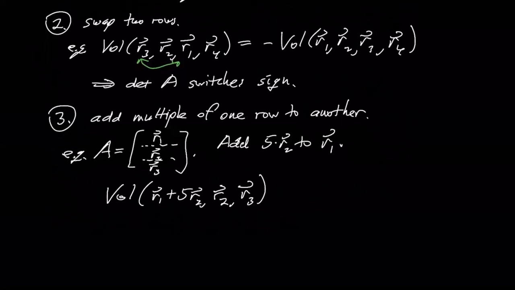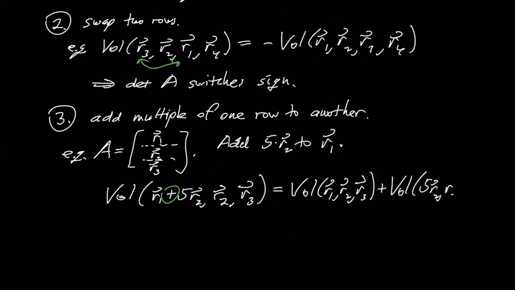But we've seen that these break up over the plus sign. That plus sign right there, we can actually break the volume up over that. That's one of our big properties. So that is the volume of R1, R2, R3, plus the volume formed by 5R2, R2, and R3. Let's just focus on this second term for a moment.